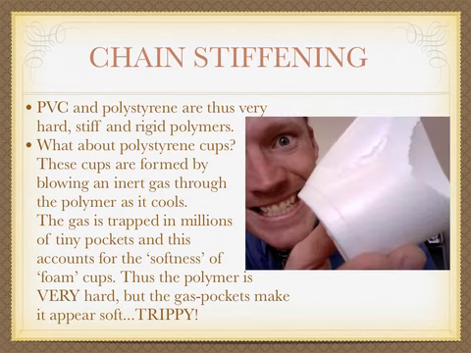Now, the reason that you can do this is because during the production of polystyrene, an inert gas is bubbled through the polymer as it's produced, which leaves millions of tiny little air pockets. When you apply pressure to this, you're not compressing the polymer itself, you're actually compressing those air pockets. That's why you can leave an indentation.